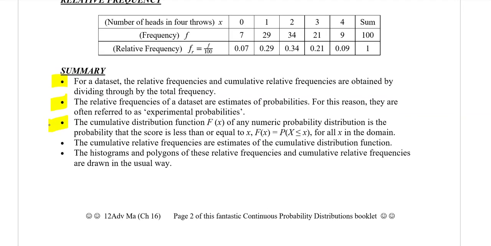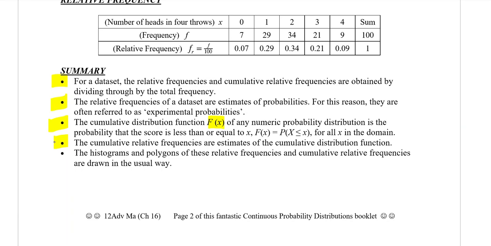The cumulative distribution function F of x of any numeric probability distribution is the probability that the score is less than or equal to x, because it's cumulative. So if I say I want capital F of 2, it means everything up to 2 because it's cumulative up to that point. The cumulative relative frequencies are estimates of the cumulative distribution function.